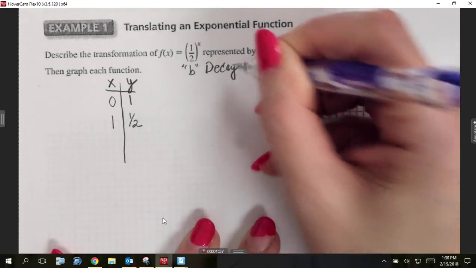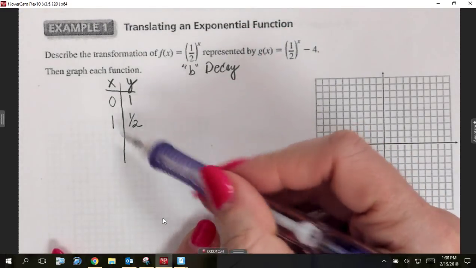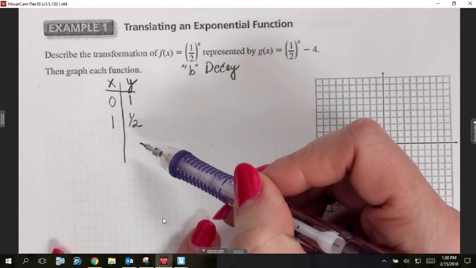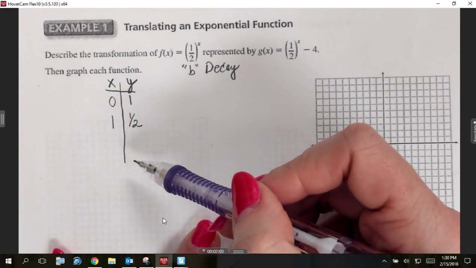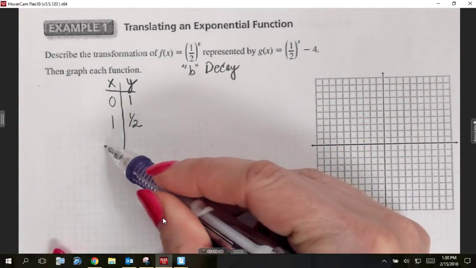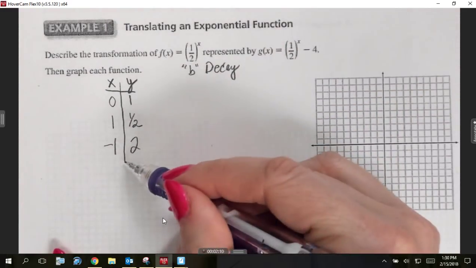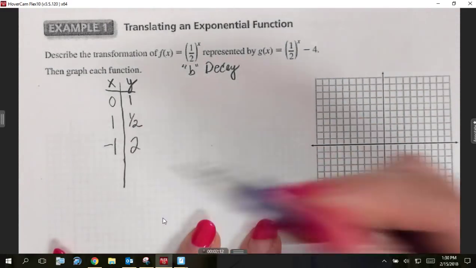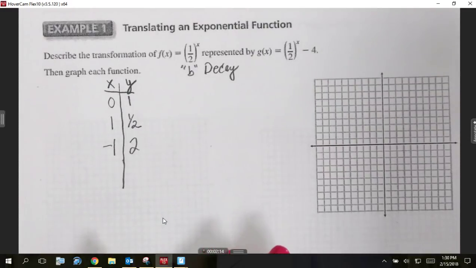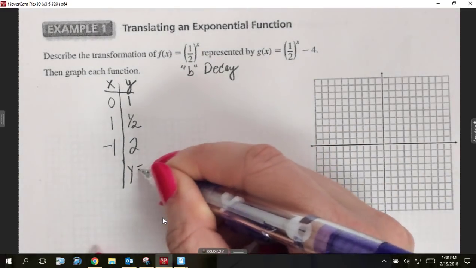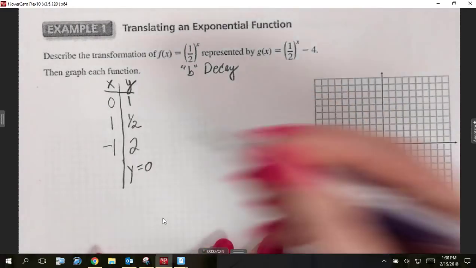Usually, if we have a decay, these are not the friendliest points to graph. What's another good x I can throw in there? If I put in -1, that will reciprocate 1/2 and give me 2. There's one more thing I'm going to put into my table, and that is the asymptote. What is the asymptote for exponentials? y equals 0.